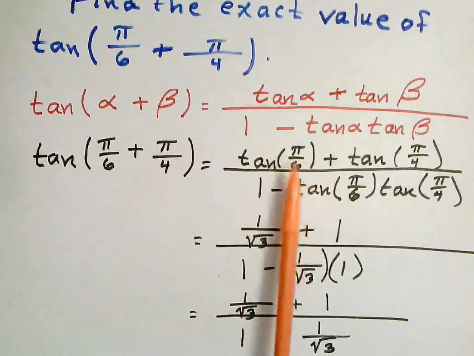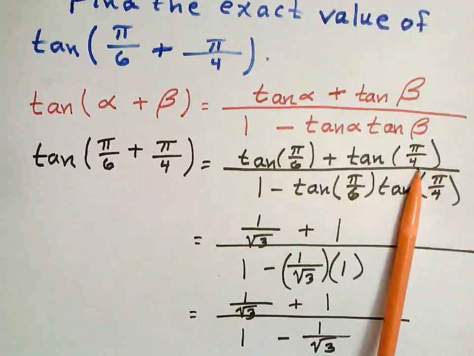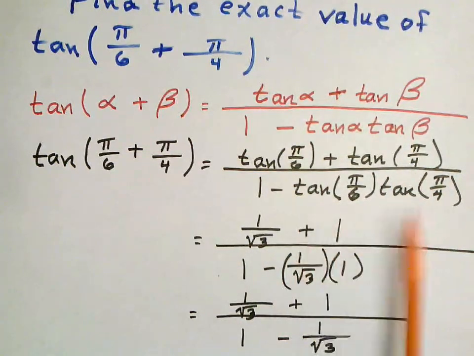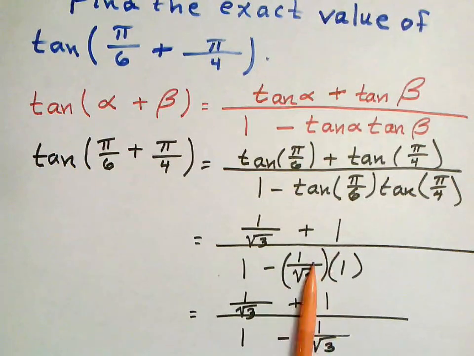So once we find what the tan of pi over 6 is in the numerator and the tan of pi over 4, they're going to be the same values in the denominator. So in the denominator, it's going to be 1 minus 1 over square root of 3 times 1. And when I multiply, I get again 1 over square root of 3 plus 1 in the numerator, and 1 minus 1 over square root of 3.